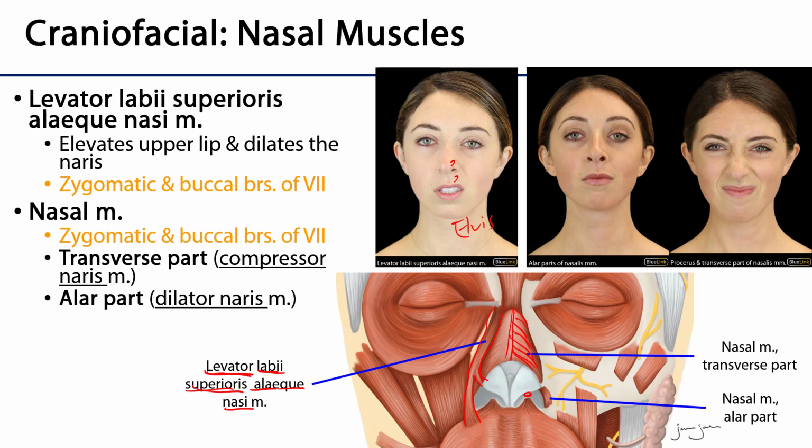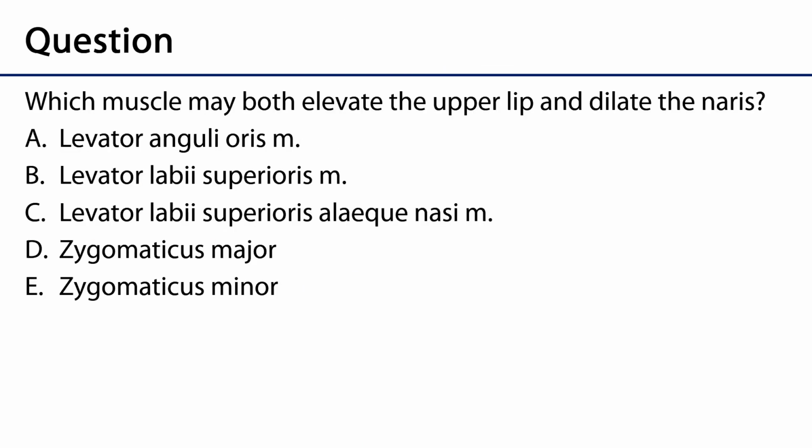And so that transverse part, when given its own name, is called the compressor nares. There's also another part from the alar region that when it contracts, it pulls the alar region outwards. That's the alar part, also known as dilator nares. So compressor nares and dilator nares are antagonistic to one another. And both are innervated by zygomatic and buccal branches of 7, which makes sense.